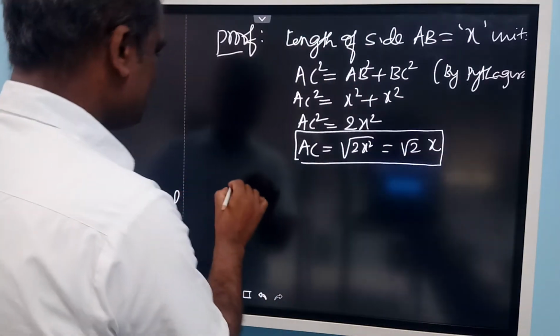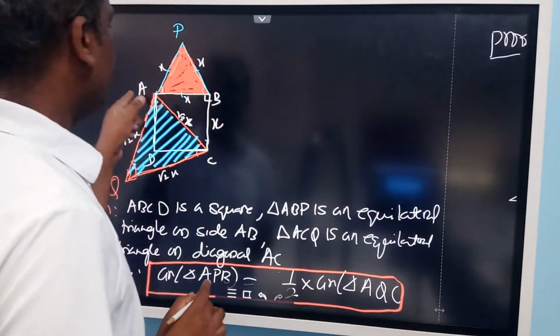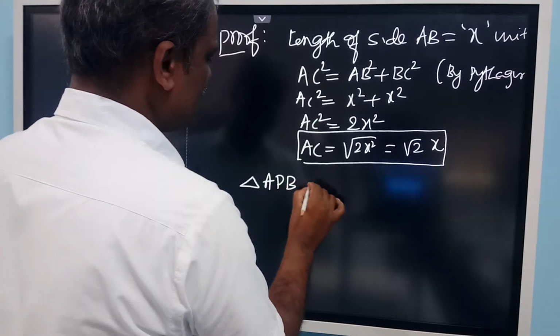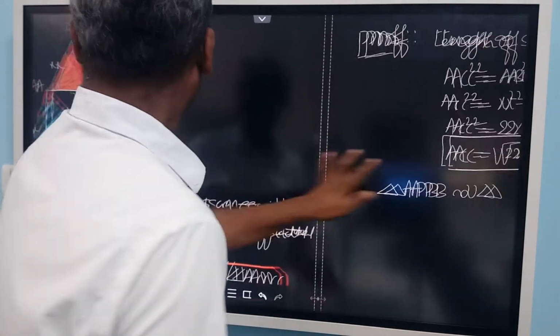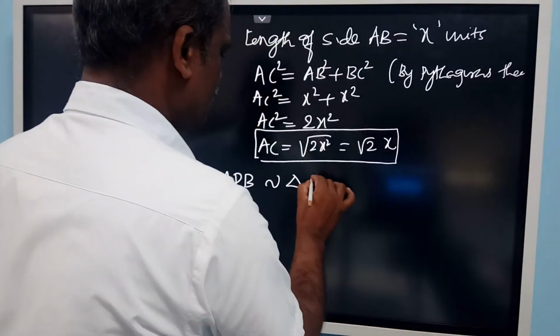Now I can write triangle APB is similar to triangle AQC. Can you tell me what is the reason?